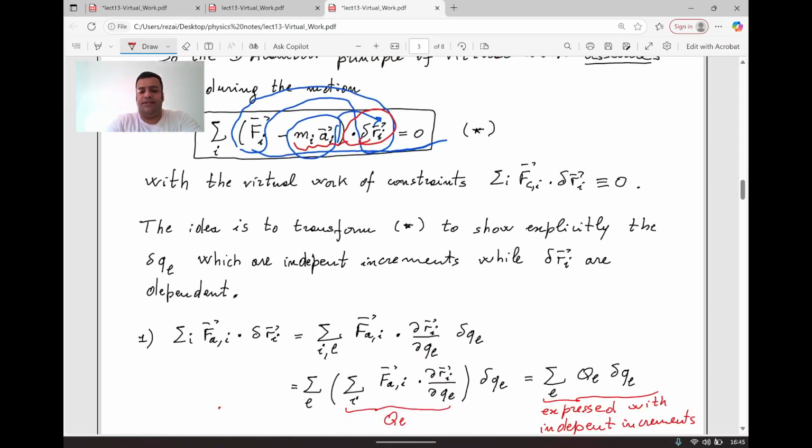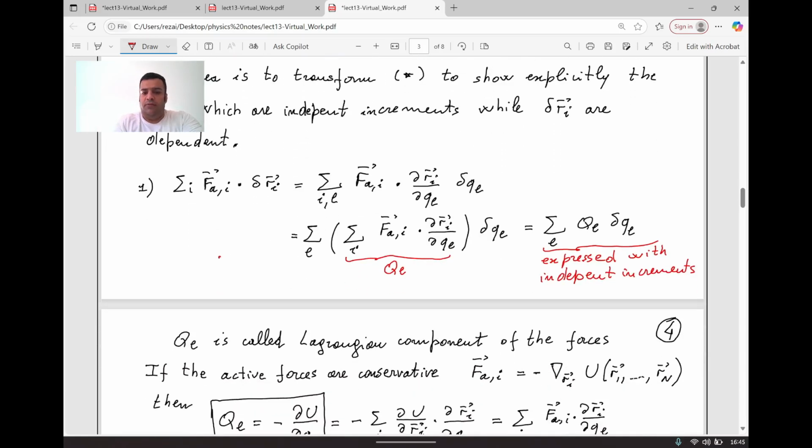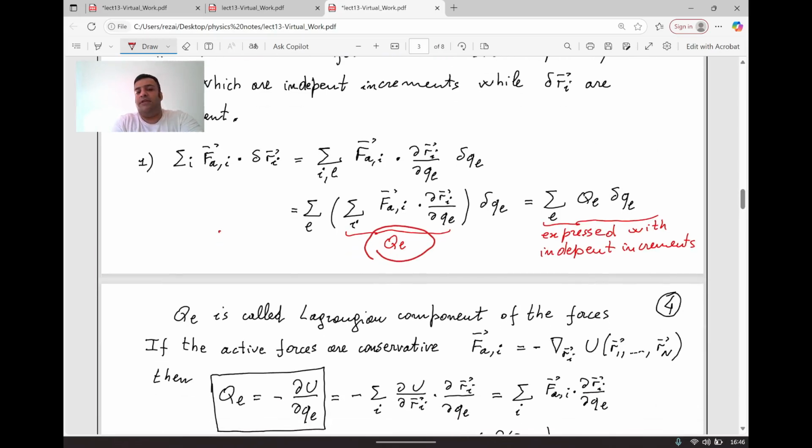At first, I explained all these things, but I told you this part we call Q_l. But what is Q_l?